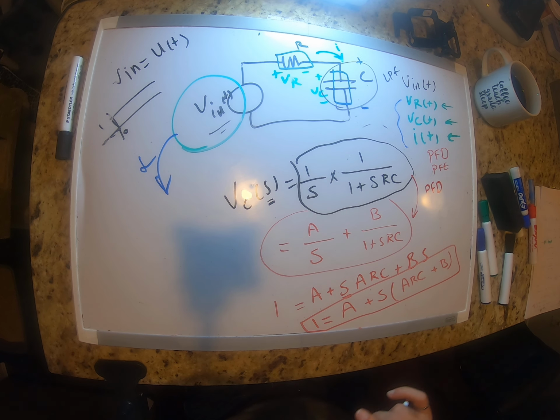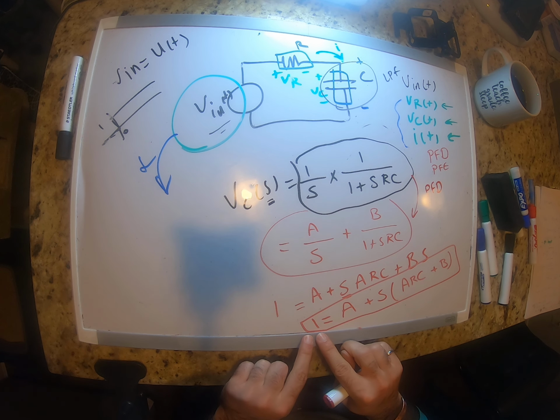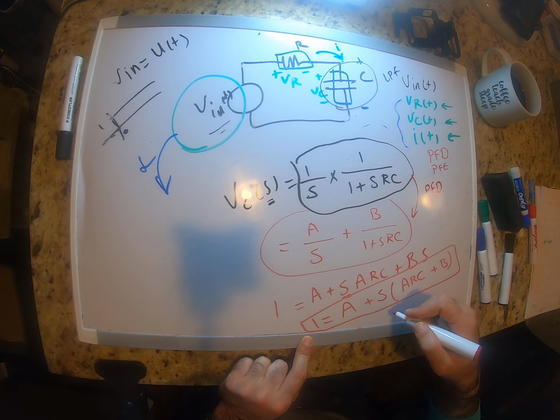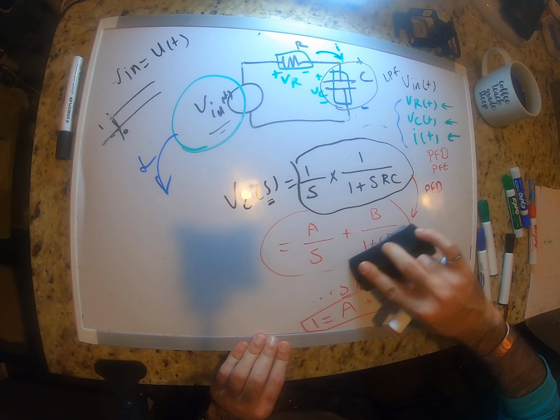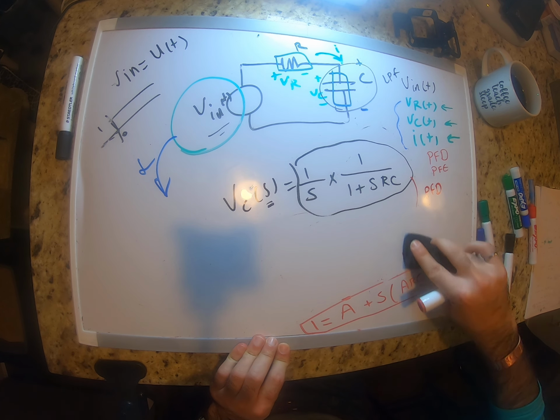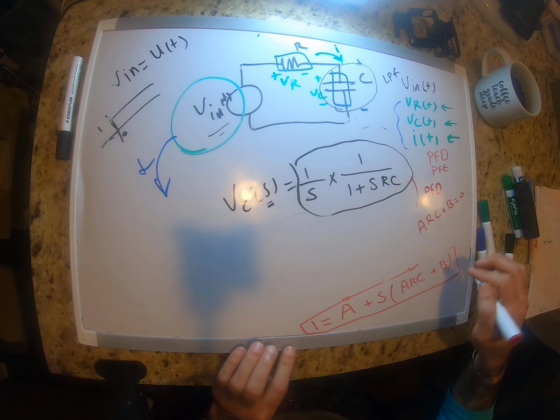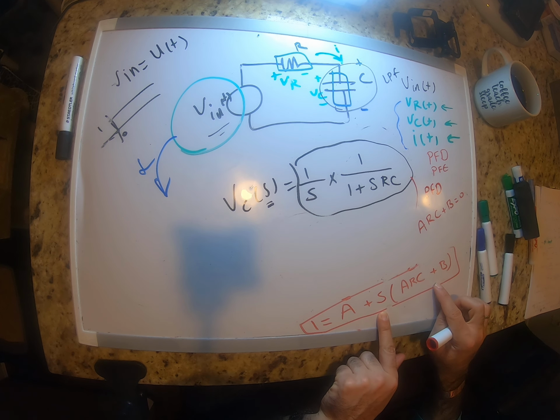And this equality has to be valid for any S, right? Here we don't have any term in S. So for this equality to be true all the time, ARC plus B has to be equal to 0. There should be no S term here. Let me make sure that I'm doing everything correctly.